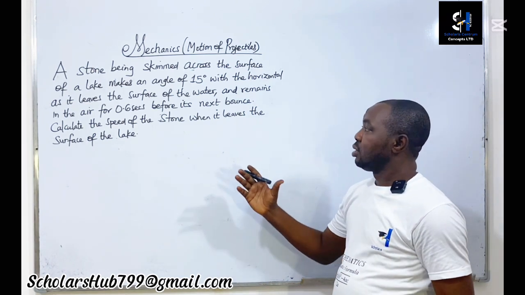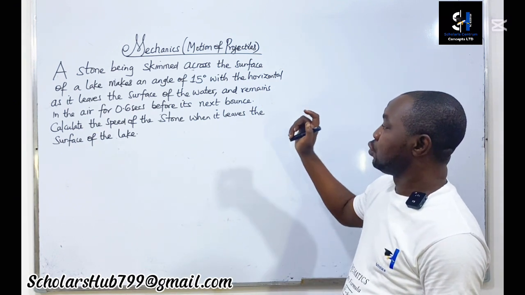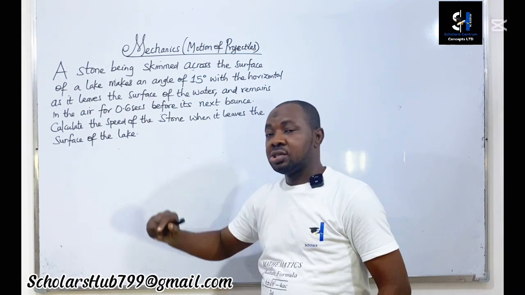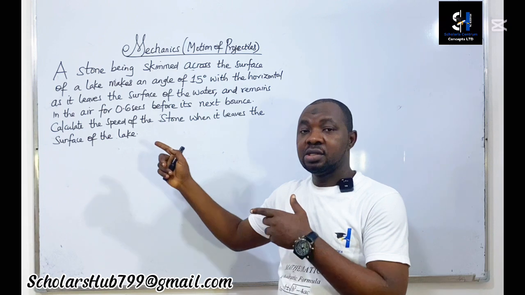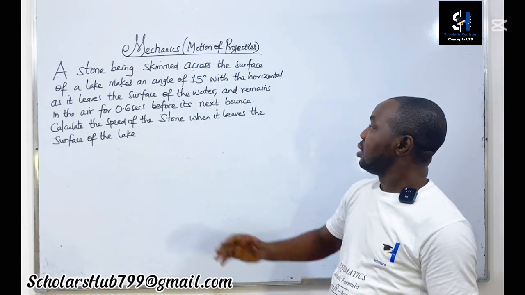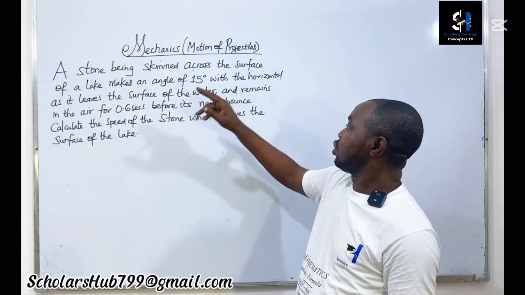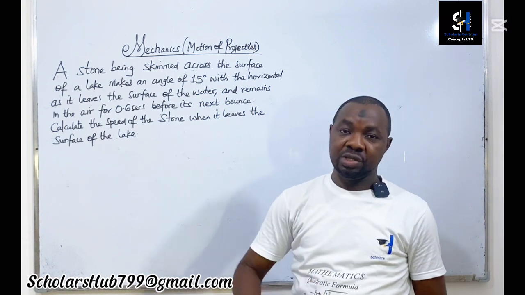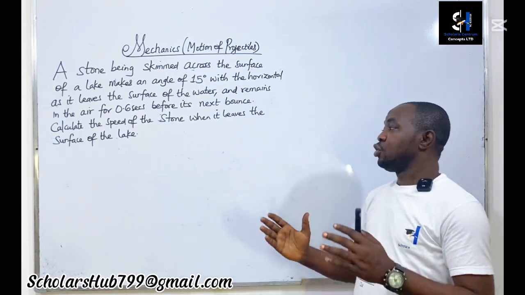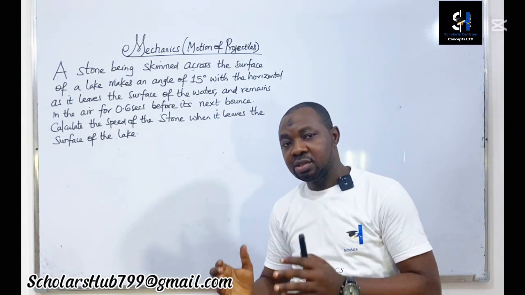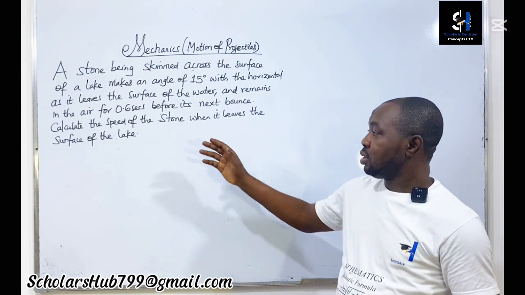So the time the stone remains in the air, which is 0.6 seconds, is the time of flight. And the angle which it makes with the horizontal is the angle of projection. So we're going to use the formula connecting the time of flight with the speed.